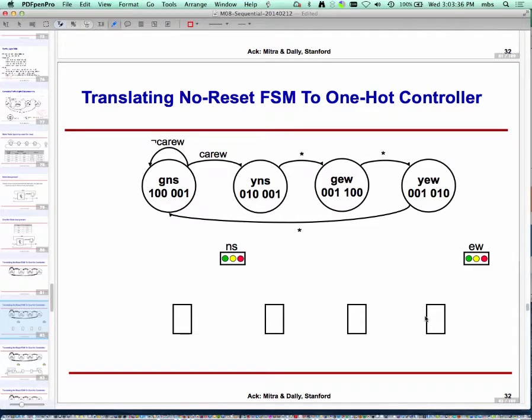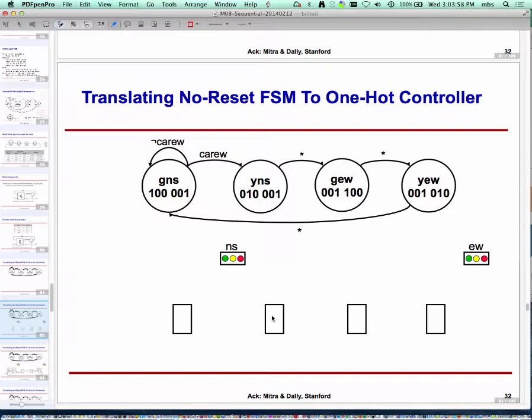If the system is in the state GNS, then the first flip-flop will have a high value. If the system is in YNS, then the second flip-flop will have a high value, and so on and so forth. And then the trick is you have to decide what the next value of each flip-flop is going to be.